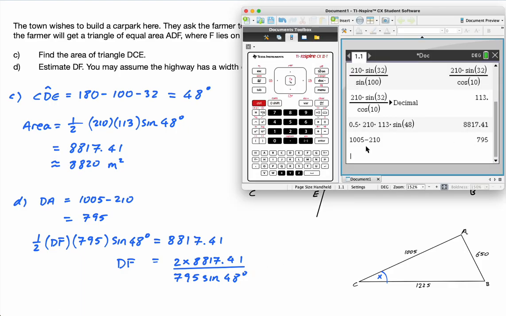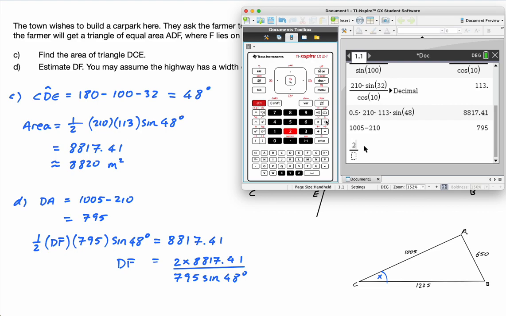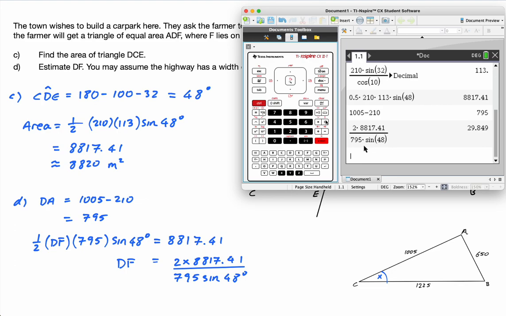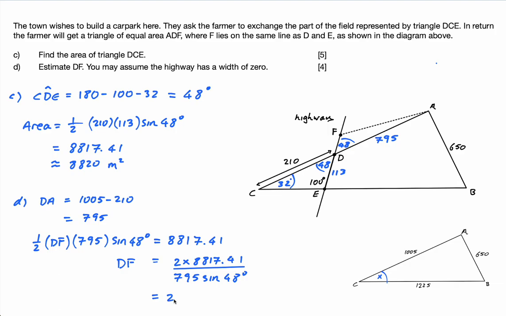So it's 2 times 8817.41 divided by 795 times sine of 48 degrees, gives me 29.849. So that's approximately equal to 29.8 meters.